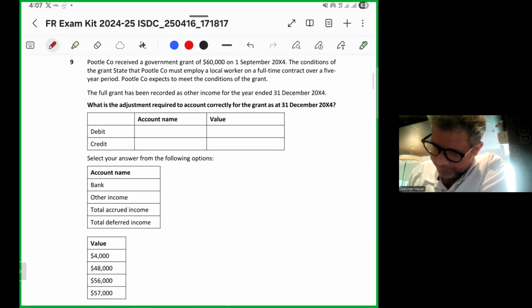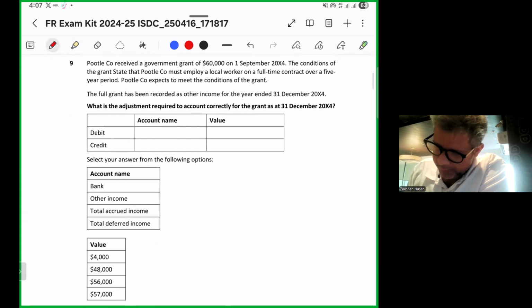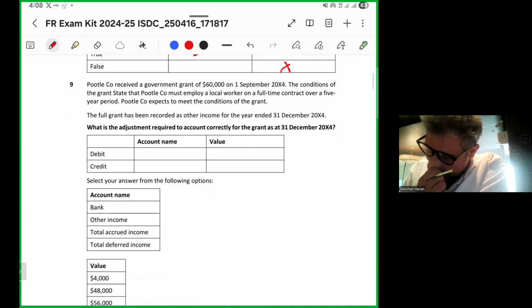Next one. Question number 9. Let's do it. Hotel company received a government grant of 60,000 on 1st September 2004.